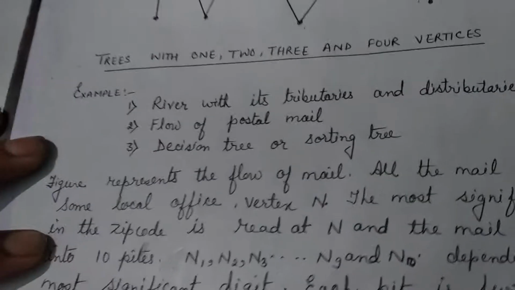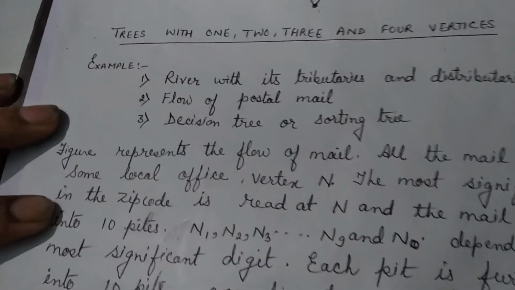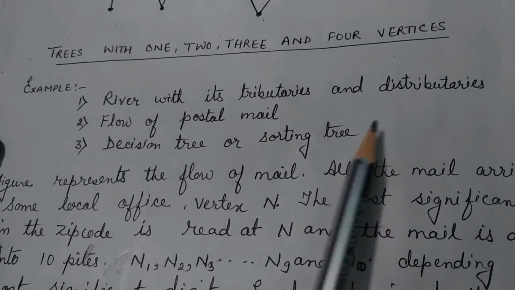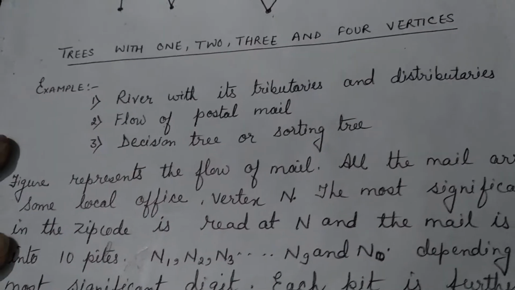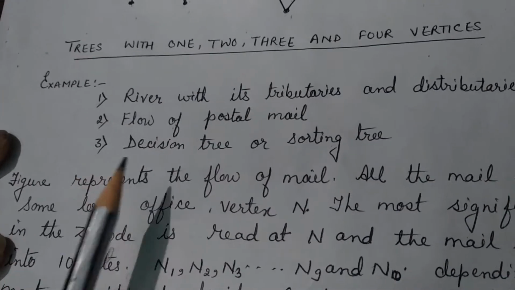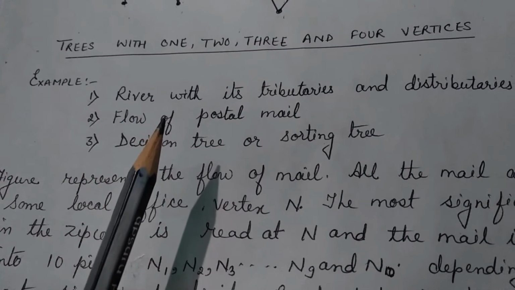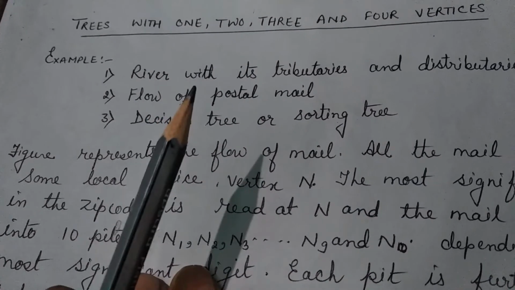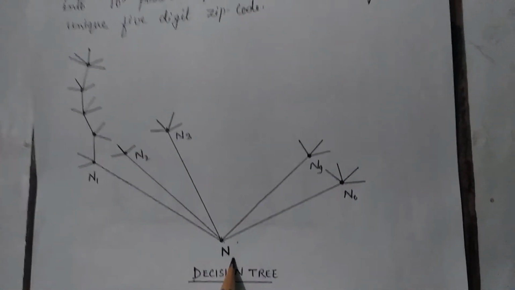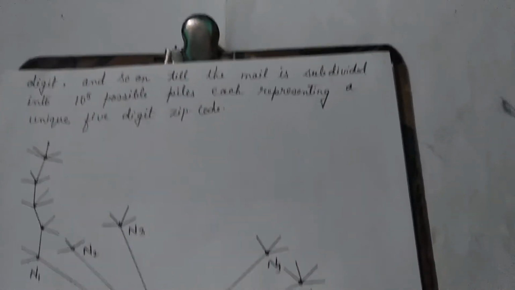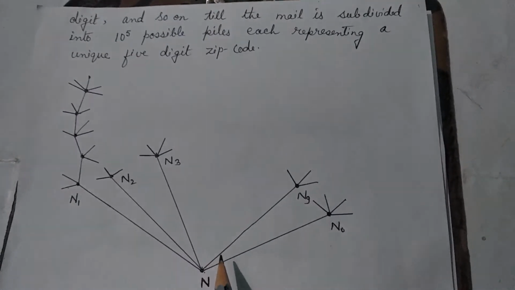Few examples of trees are river with its tributaries and distributaries, flow of postal mail, decision tree or sorting trees. So here we have an example of tree. This figure represents the flow of mail.